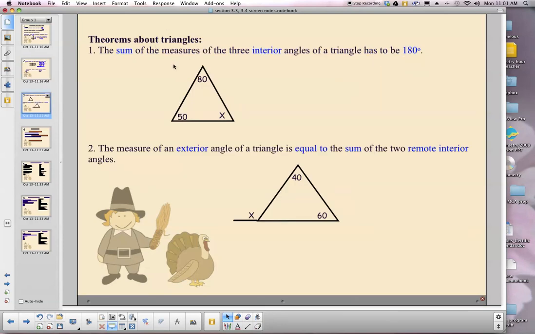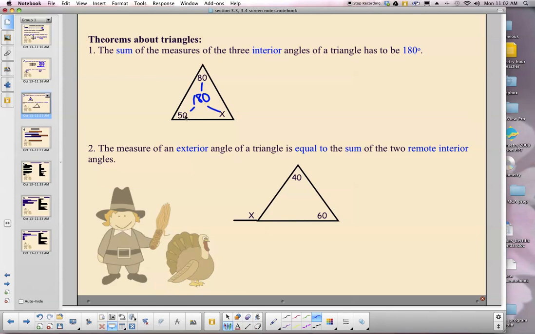Okay, theorems about triangles. So these are the two theorems about the triangles. The first one is that the sum of the 3 angles have to add up to 180 degrees. The interior angles of a triangle have to add up to 180. The 3 of them together. So if you know 2 of them, you will always know the third one by subtracting them from 180.